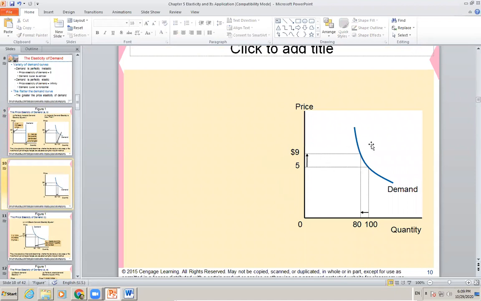Calculate the elasticity. Take a picture, please. I will move to the Moodle. I will create the activity, and you will upload your answer there.